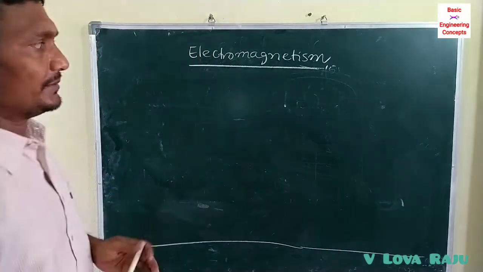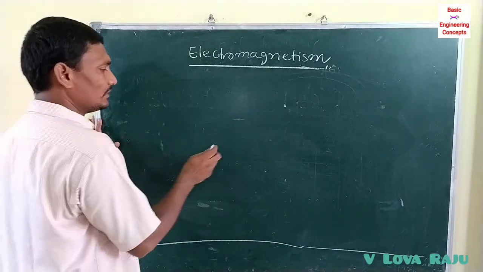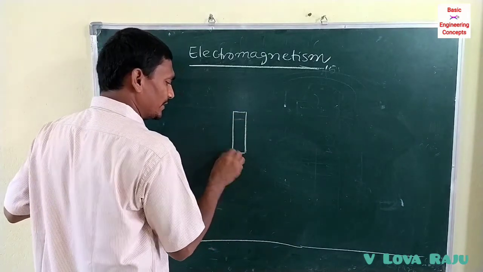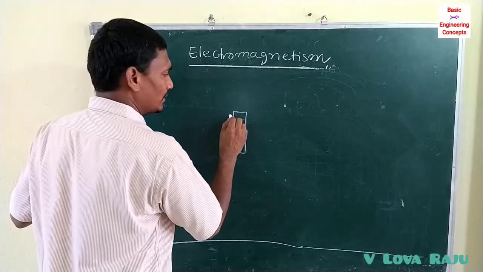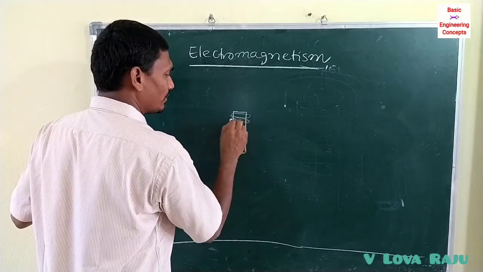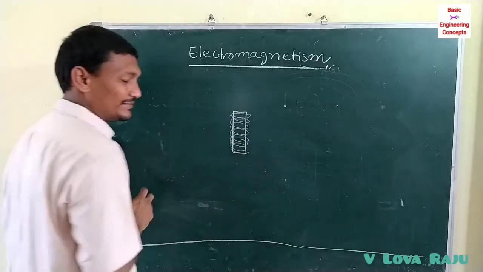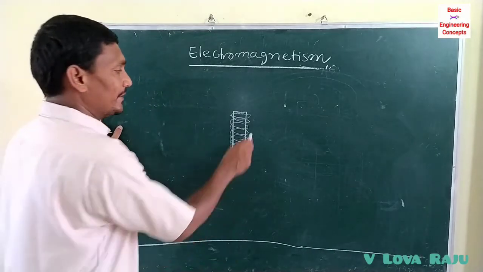Okay, electromagnetism introduction. A solenoid is an iron core on which a number of copper coils are wound.